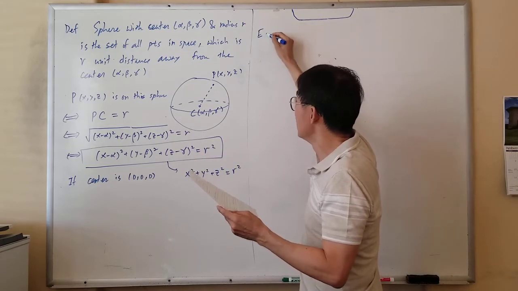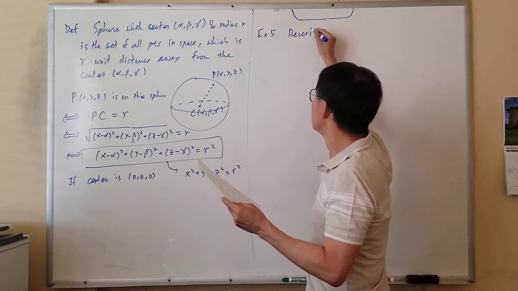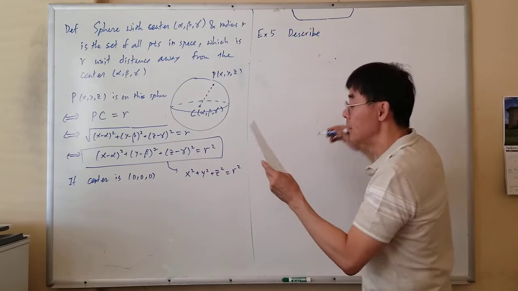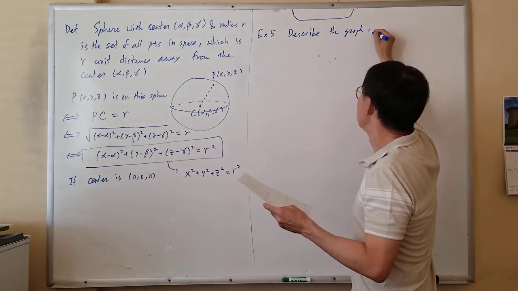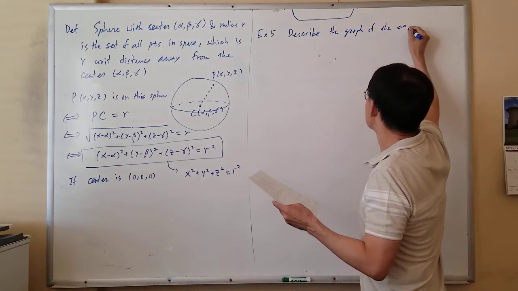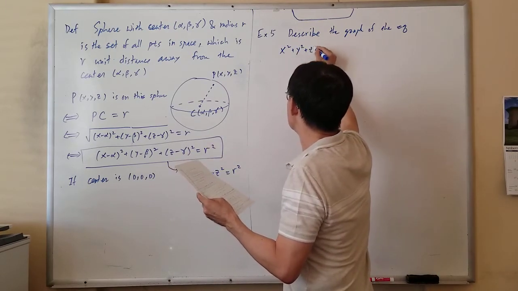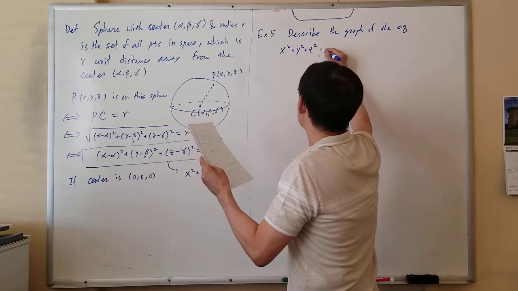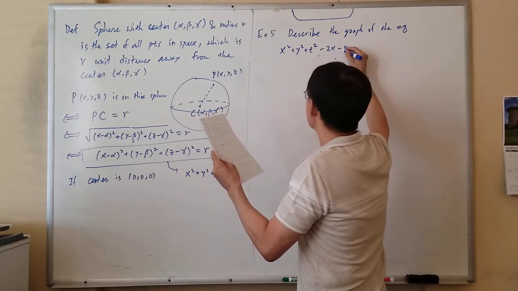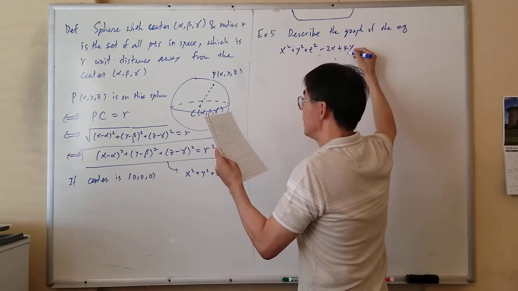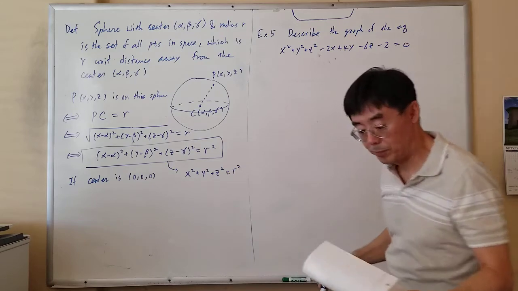Now, example 5. Describe the graph of the equation x squared plus y squared plus z squared minus 2x plus 4y minus 6z minus 2 equals 0.